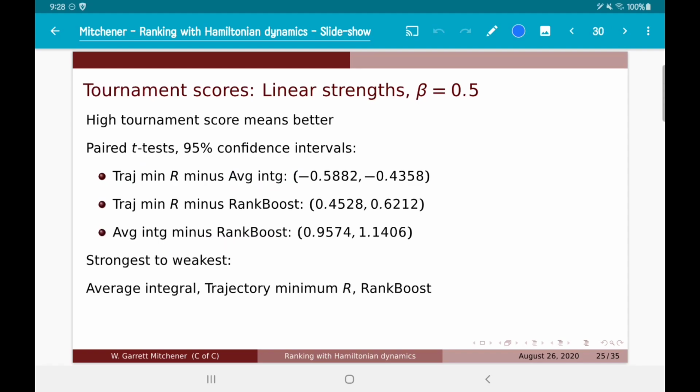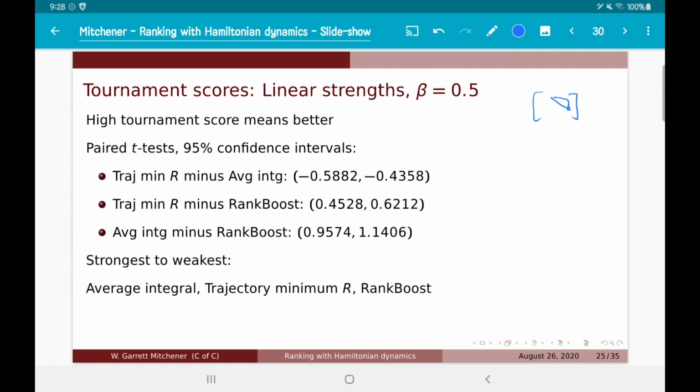But of course, things start to get complicated. If you start looking at tournament scores, again, that's how much of the mass is pushed up into the upper triangle of the matrix once you resort the rows and columns. High tournament score is better.